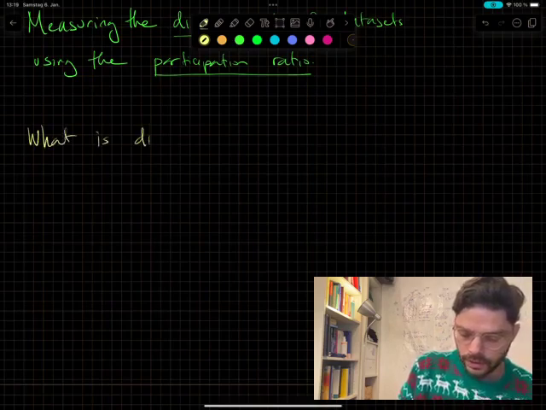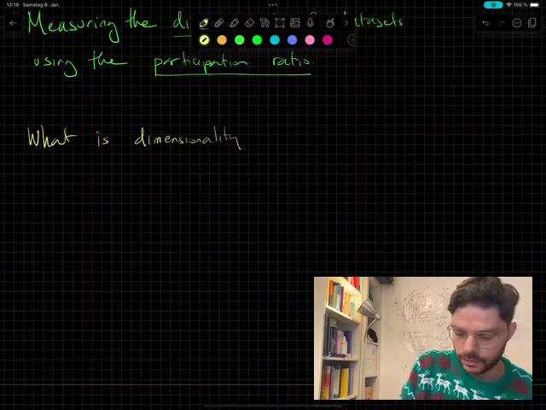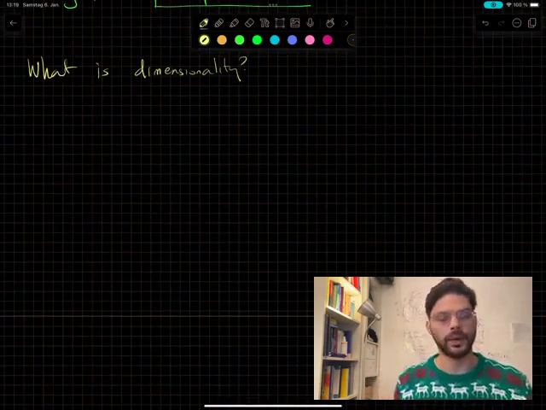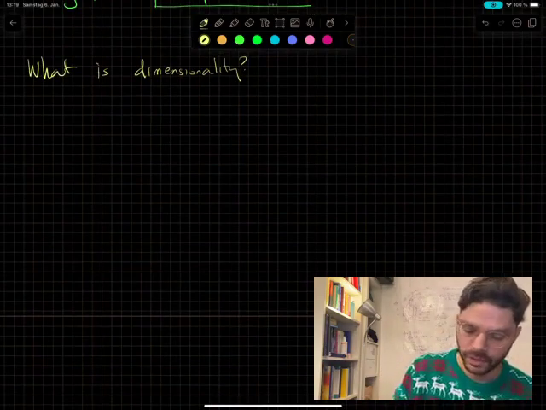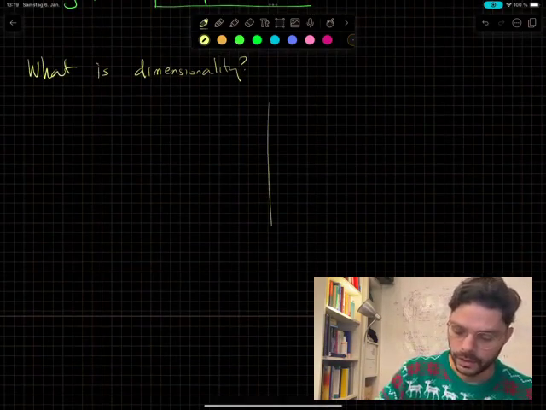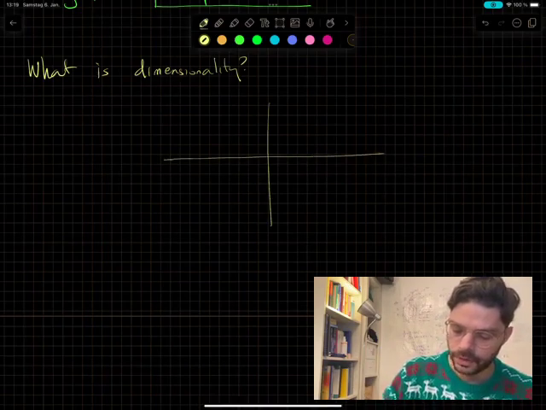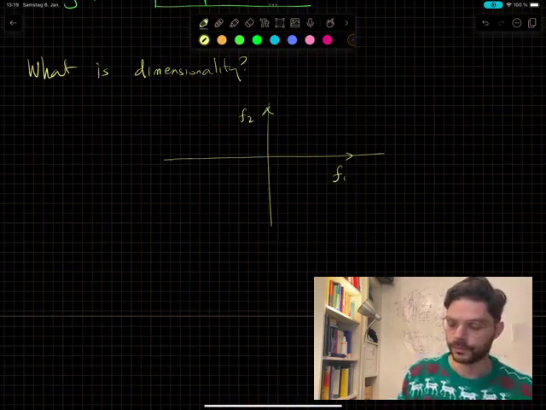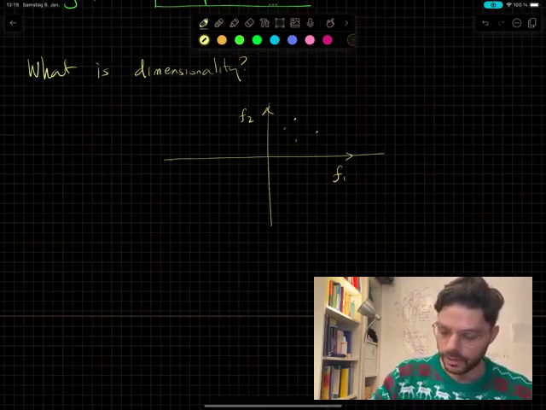What is dimensionality? Okay, so let's just think about it in the context of a data set. Suppose we have a two-dimensional data set. Here it is. Let's call it feature 1, feature 2, and we're given lots of examples.